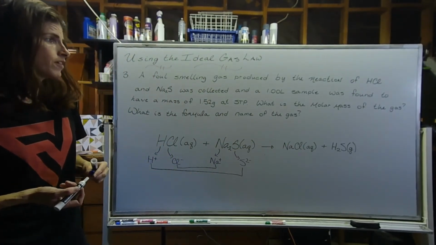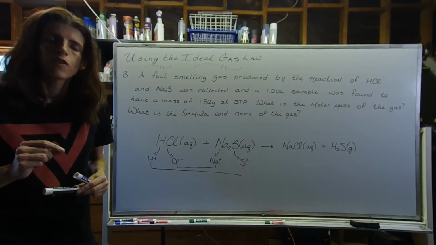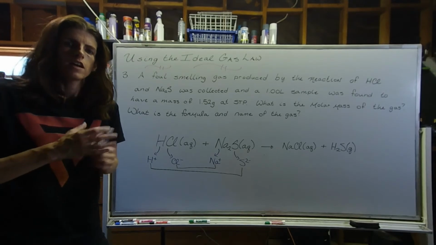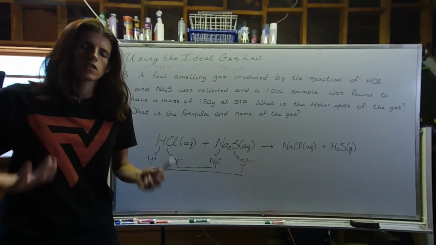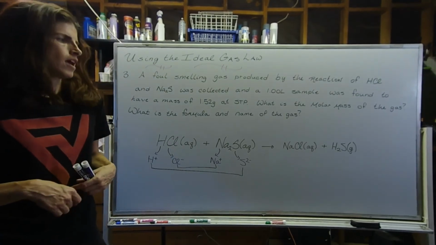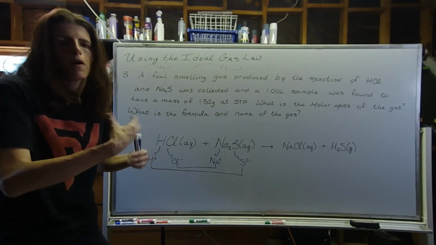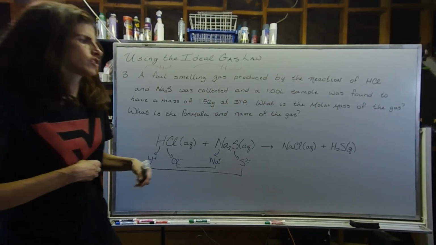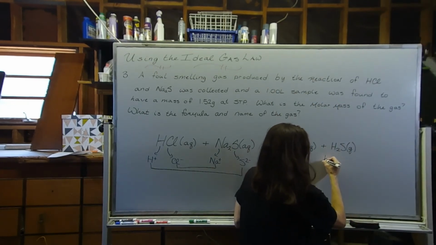What's the name of it? It's a binary acid, right? So anything that has an anion with H is considered an acid. Anything that produces H plus. And it's binary because instead of combining with a polyatomic ion, it's just combining with something off of the periodic table.